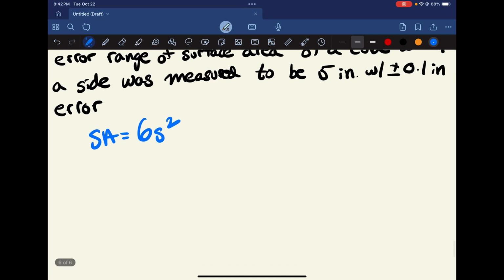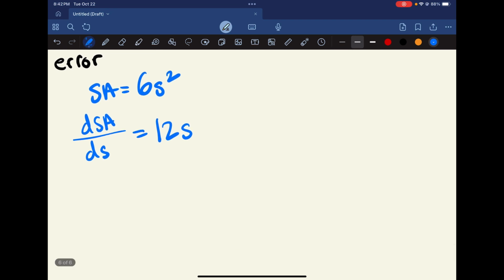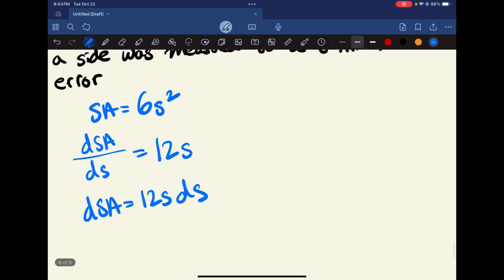So we take the derivative of that. The derivative of the surface area with respect to the side is going to be 12s, right? Now differential basically says you move that ds over, so you multiply both sides by ds, essentially. So dSA equals 12s times ds.